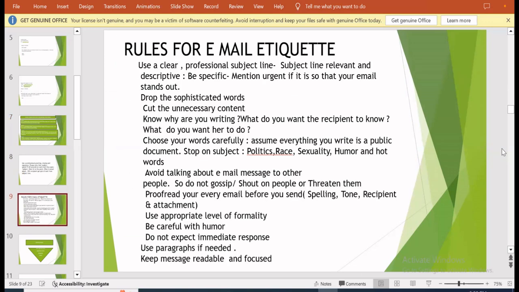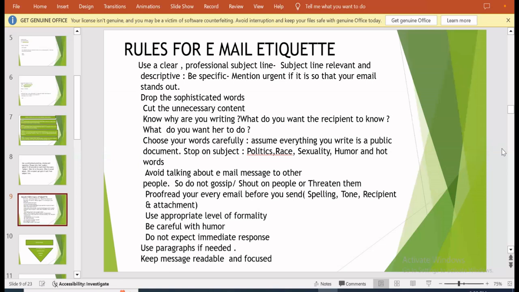So what are the rules? There are certain rules whenever writing your email. The rule is to use a clear, professional subject line. The subject line should be relevant and descriptive. Be specific, and mention urgent if it is so important that your email stands out. Sometimes you are writing an email, but it is neglected, not read and not replied to.